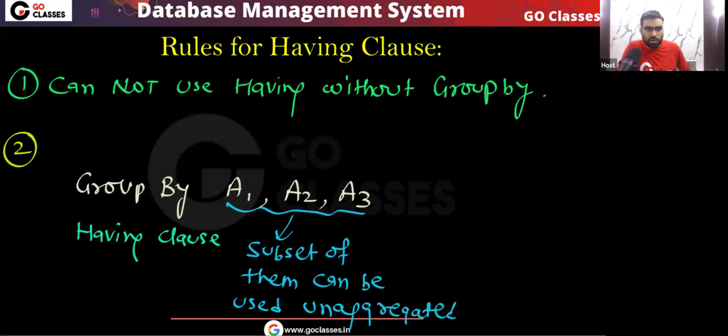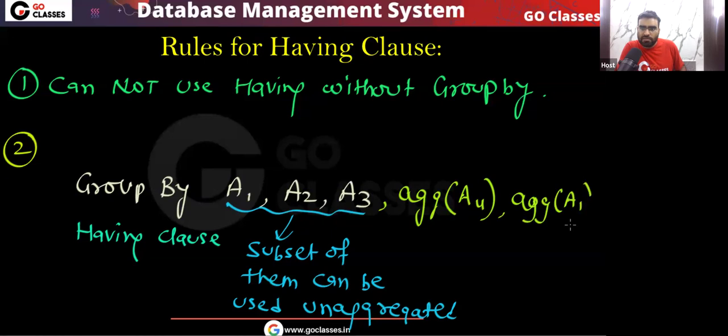But remember, aggregation you can do on anyone. For example, if you want to do aggregation, you can do it on any attribute. You can do it on A4, you can do aggregation on A1, aggregation you can do on anyone. Is this clear? Aggregation on anyone.